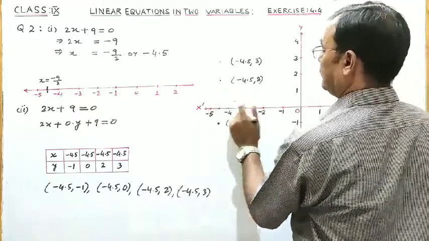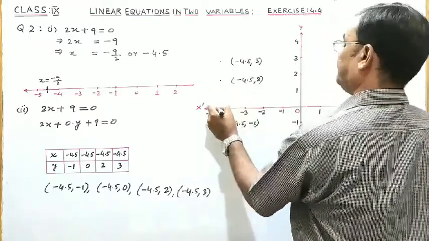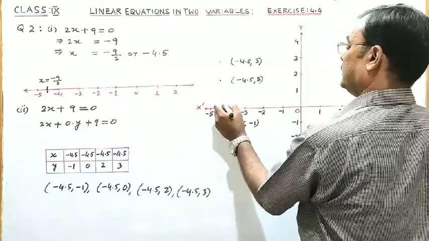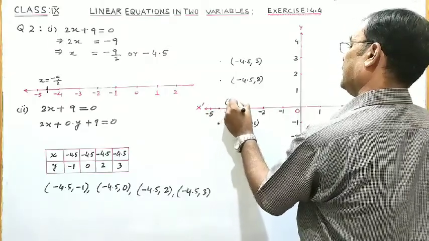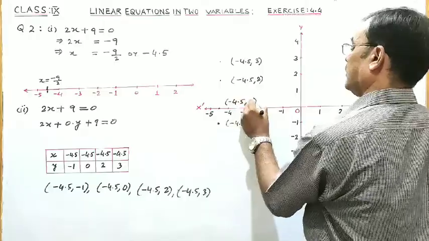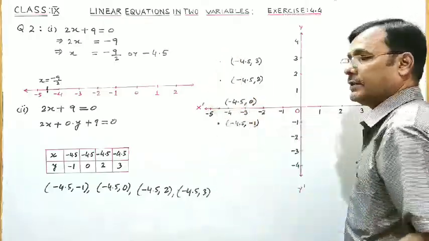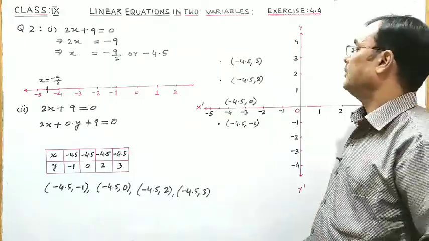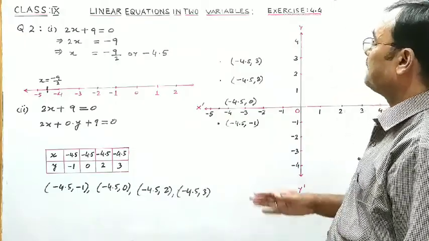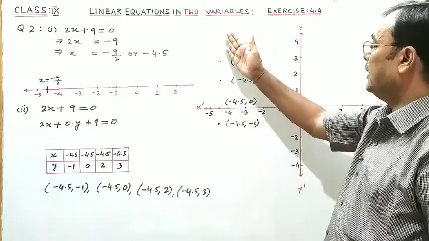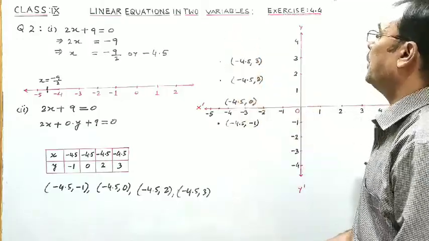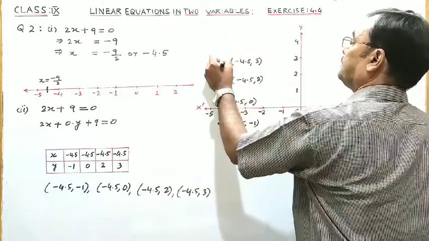Now let us join these points through a straight line. For that we shall use a ruler and draw a line joining all these 4 points like this.